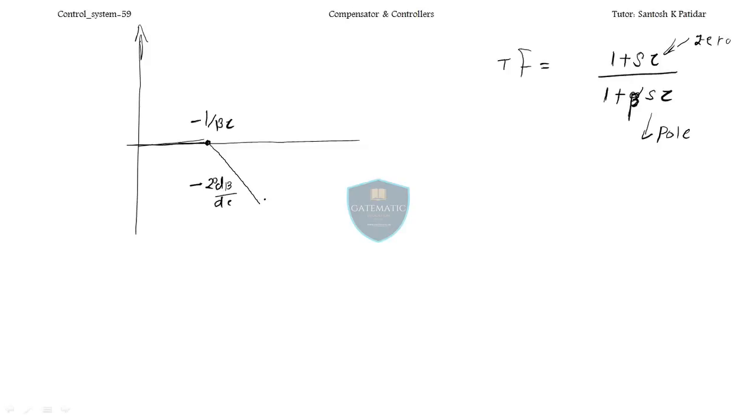And at exactly 1 by tau in terms of frequency, you will get plus 20 dB per decade, and it will become flat. So now you can shift this baseline, and it will look like this, isn't it? So it's which kind of filter, low pass filter or not? Low pass filter. If you draw the transfer function the way I have told you to draw the Bode plot, you will get the same thing, the low pass filter.